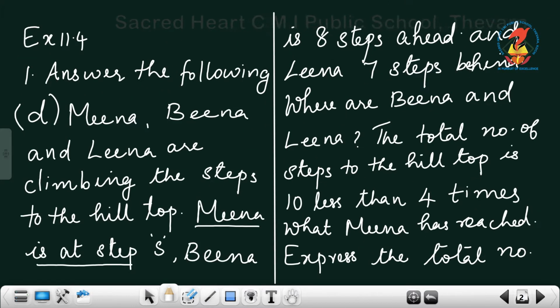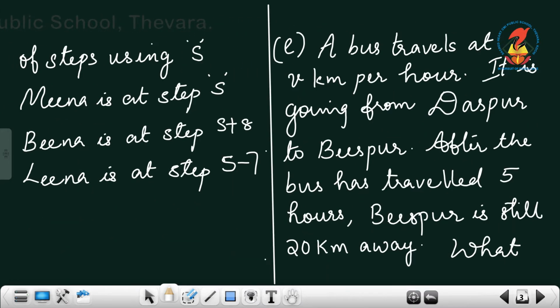Then the next subdivision: the total number of steps to the hilltop is 10 less than 4 times what Meena has reached. 10 less than means minus 10. 4 times what Meena has reached, 4S.